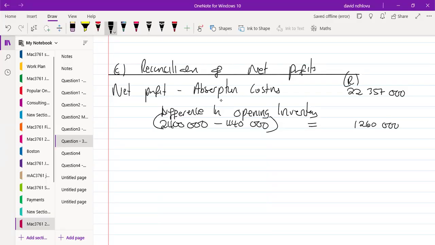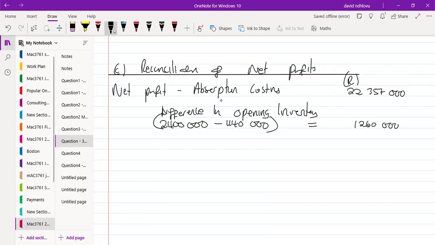So you need to examine the impact of this on the net profits. Opening inventory by nature increases the cost of sales, and by increasing the cost of sales, it reduces net profit.